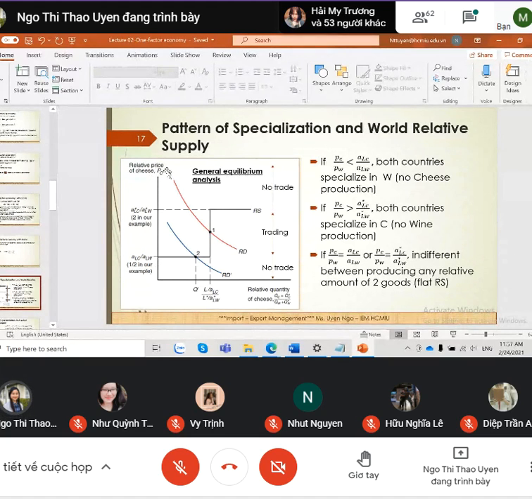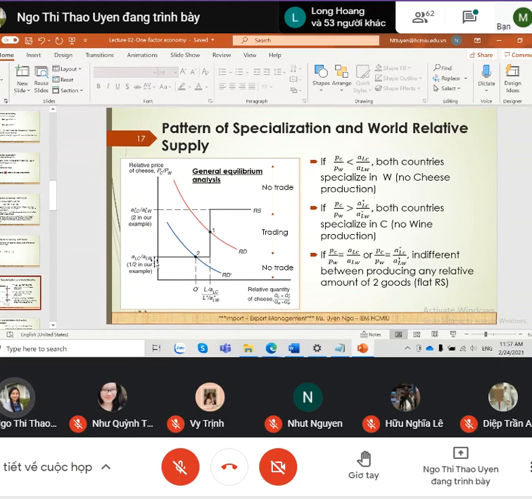This axis is relative price, price of cheese divided by price of wine. And this is relative quantity of cheese, which is the total quantity of cheese produced by home plus foreign, divided by total quantity of wine, which is the sum of the quantity of wine produced in home plus in foreign.